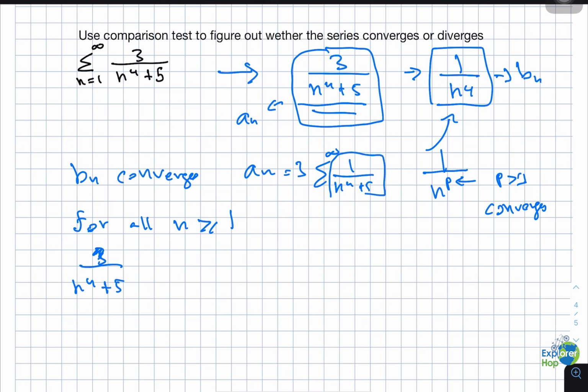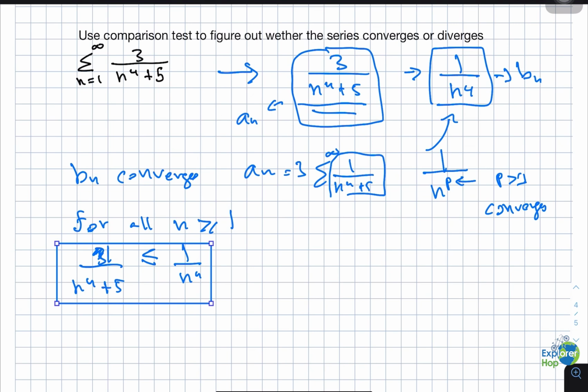So let's take this right now. Let's say 1 over n to the 4 plus 5 is less than or equal to 1 over n to the 4. And if this holds true, which it does, you can clearly see that 1 over n to the 4 plus 5 will always be smaller than or equal to 1 over n to the power of 4.